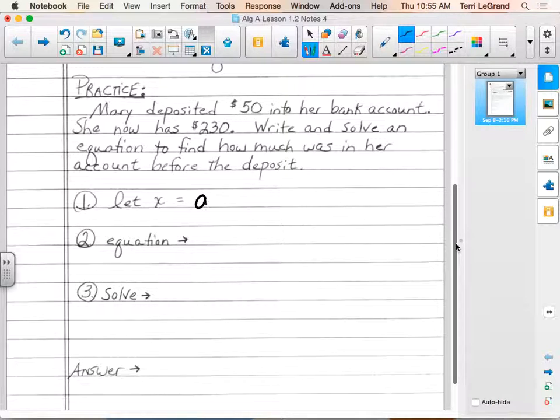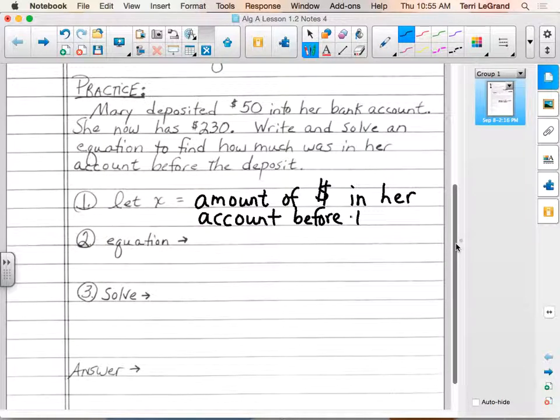Yeah, so the amount of money, we'll use the dollar sign, amount of dollars in her account before the deposit. We don't even have to say $50. We can just say before the deposit. So x is going to be the amount of money in the account before the deposit.